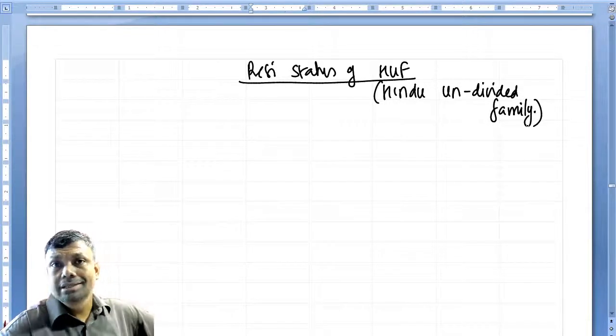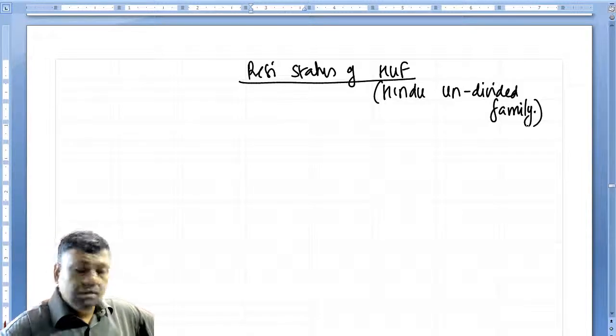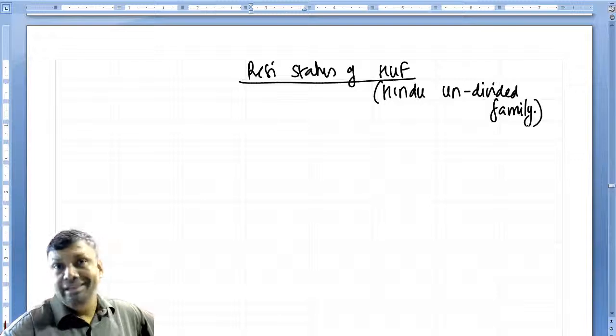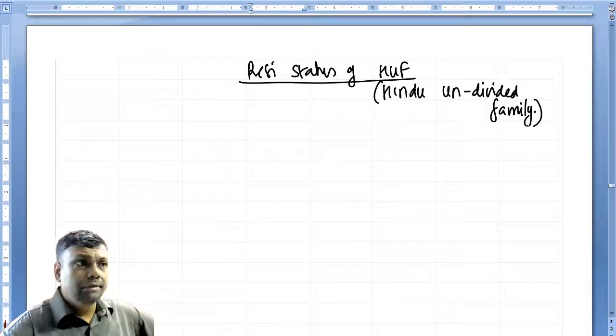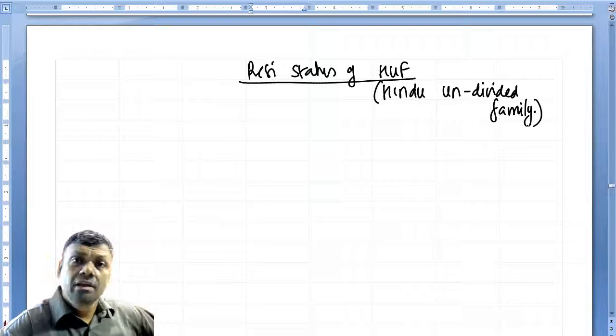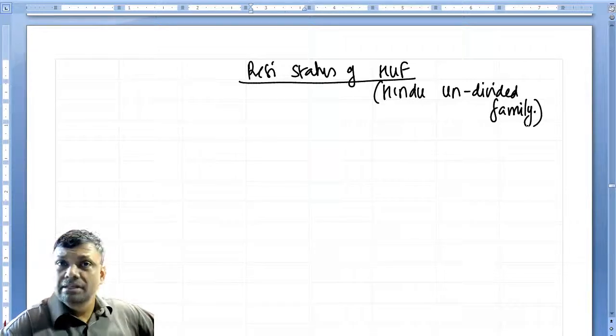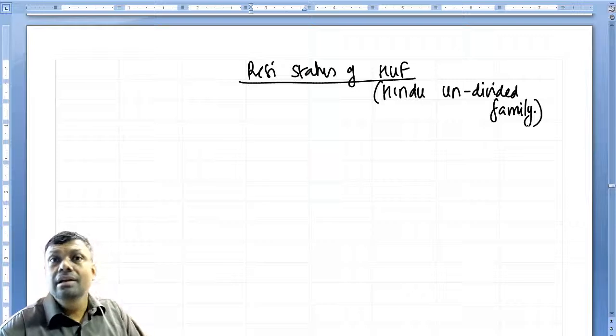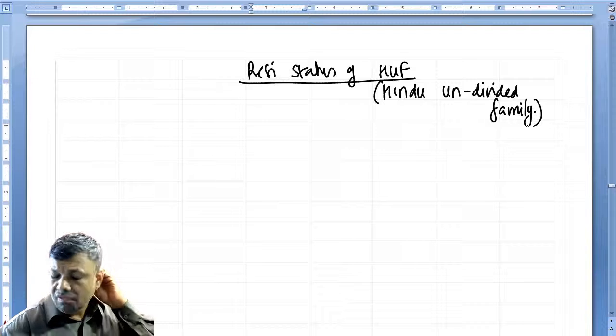This is basically what we call a family concept. See friends, in India we have this concept of family status. For example, if father, son and maybe mother come together and do some business or activity, they are given a family status, and if they do family business, it's like a separately assessable person, a separate taxpayer.